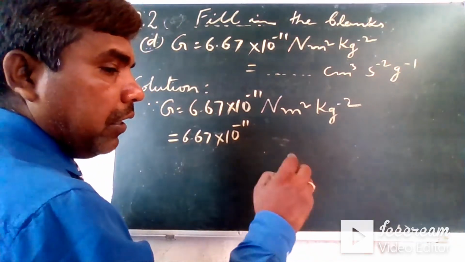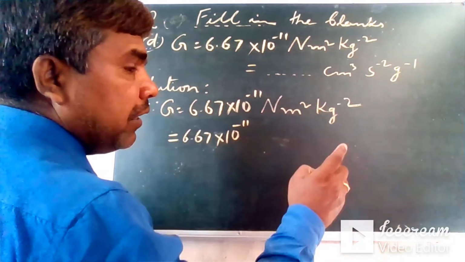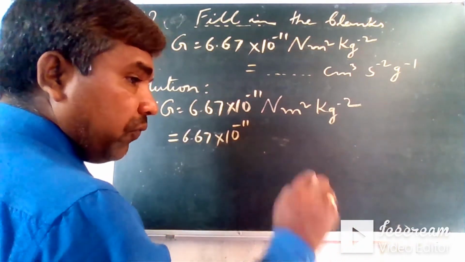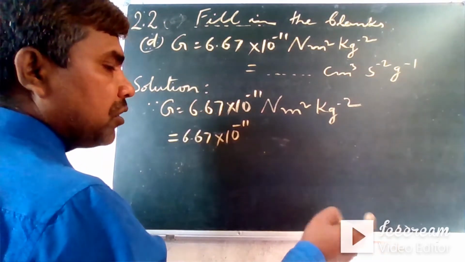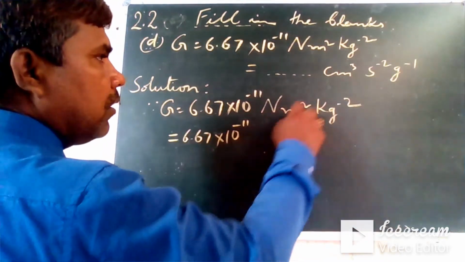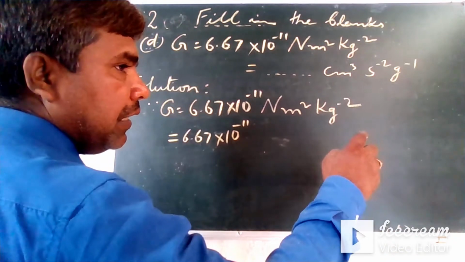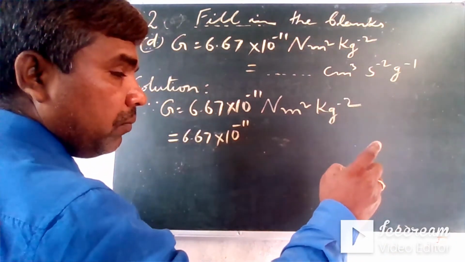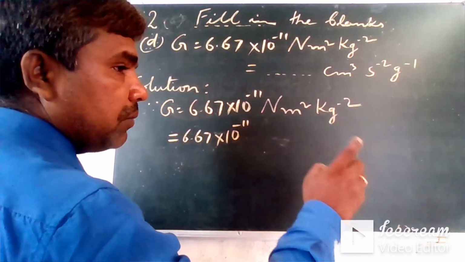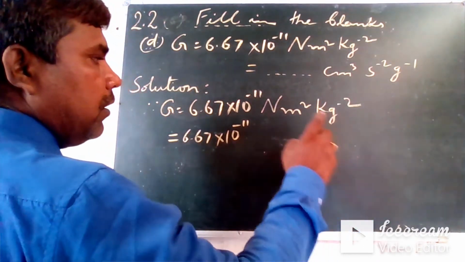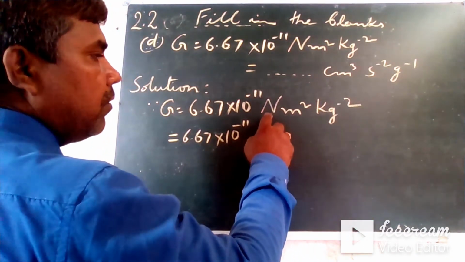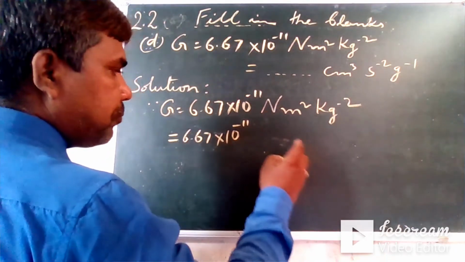I will remind you that Newton and dyne are both units of force, but dyne is a very much smaller unit of force, and here centimeter is given. So we have to remember the CGS system, the centimeter gram second system. In the CGS system, the Newton will be replaced by dyne.